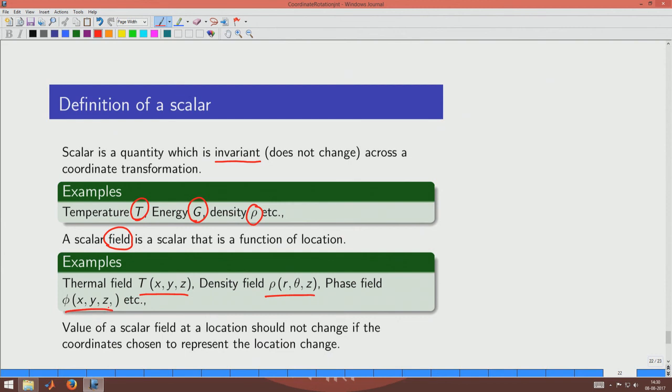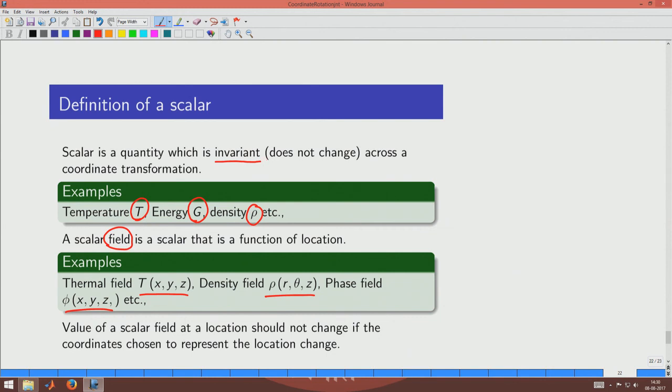So, these are all various quantities that will be coming up as a part of this course later on. So, we will be using the word scalar field in multiple ways, and whenever we indicate that, what we mean is that whenever the coordinate system changes, the value does not change, and the value is a function of the location.